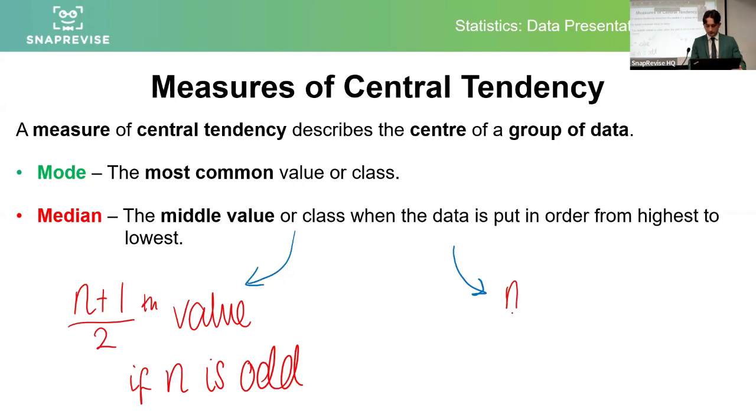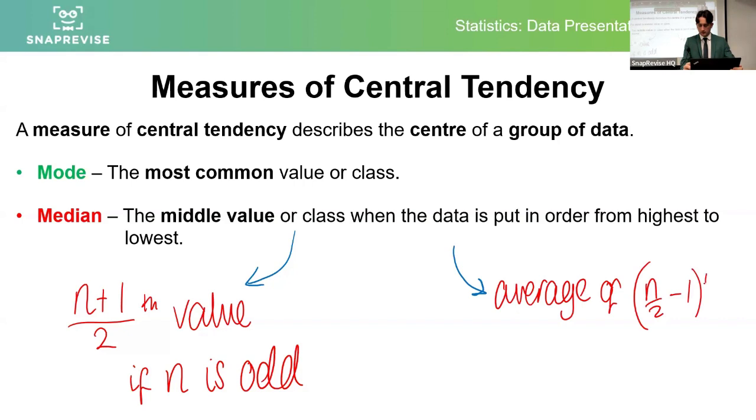You can think of it as kind of effectively the same: if you add 1 and divide by 2, you'll find the middle. And if n is even, you can think of it as the average of the two middle values.